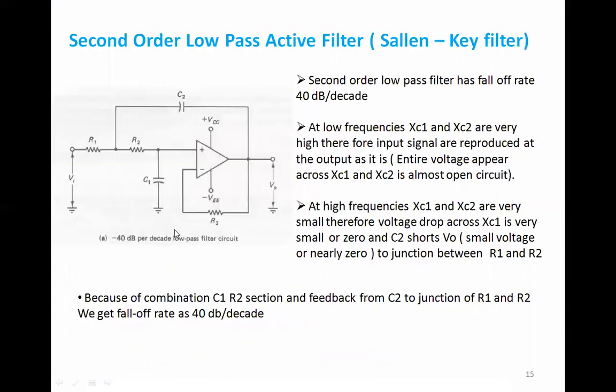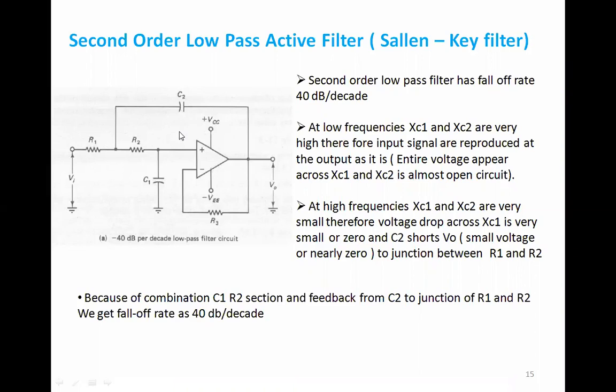Now in the second order, I am having a positive feedback also, via a capacitor, and I have an extra resistor in the negative feedback network. So this is making me call the circuit the second order filter.